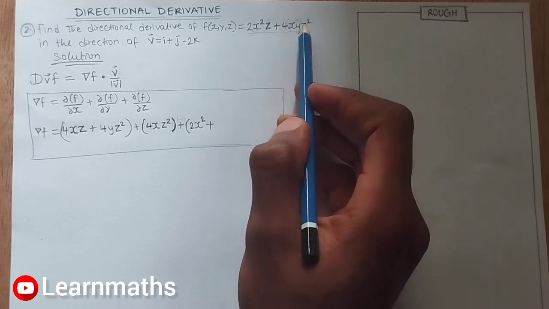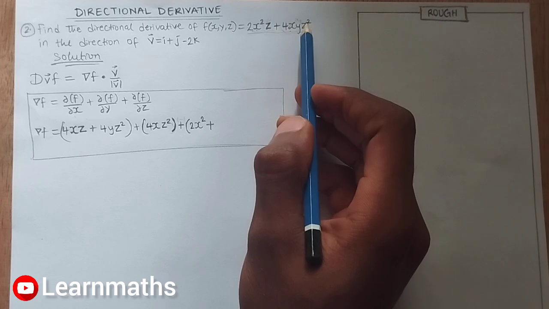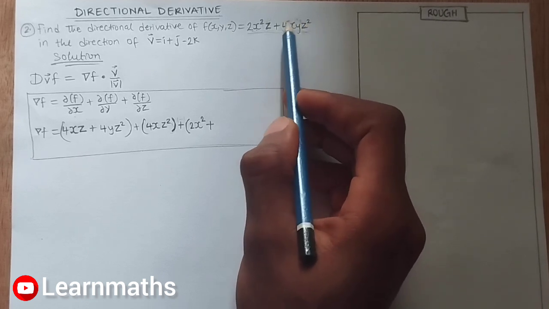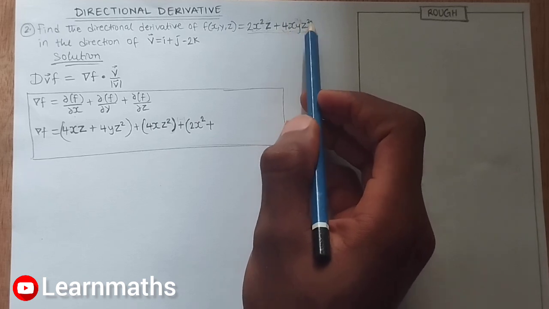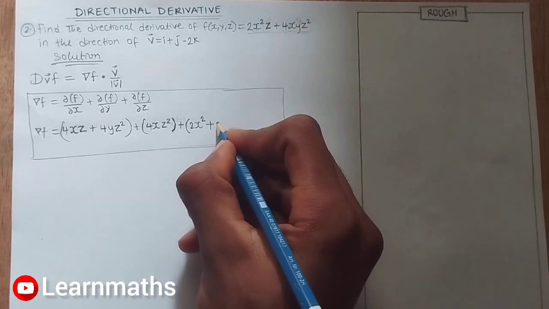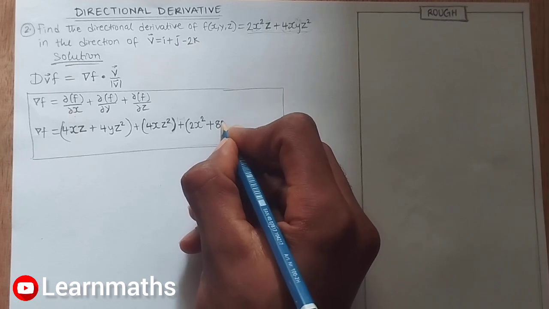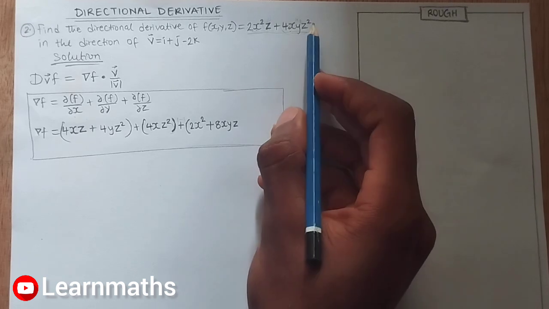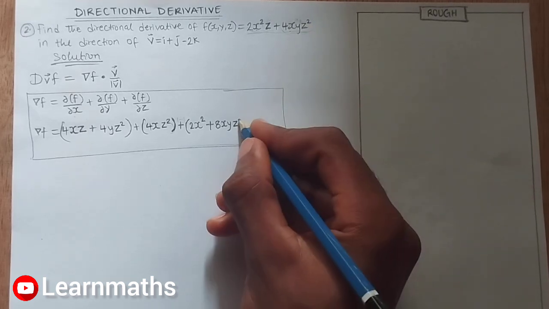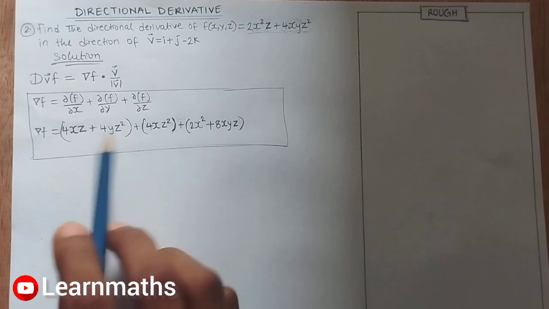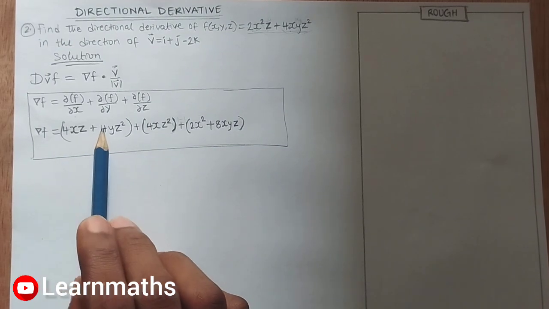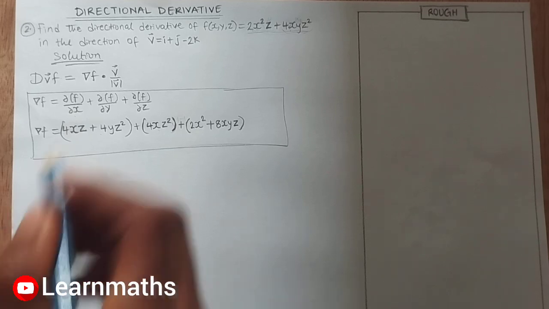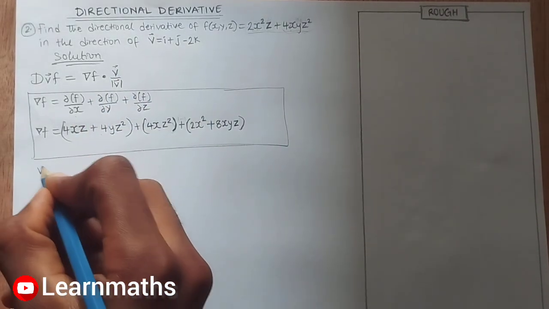This z has the power of 2, so I'm going to multiply 2 with the constants, every other letter becomes a constant. So that 4 becomes 8. The x and y stay there, and the power of z reduces by 1, from 2 to just 1. So this is the partial derivative of this function with respect to z, and that will be 8xyz. Let's find this unit vector.